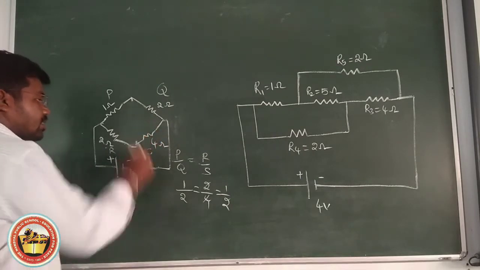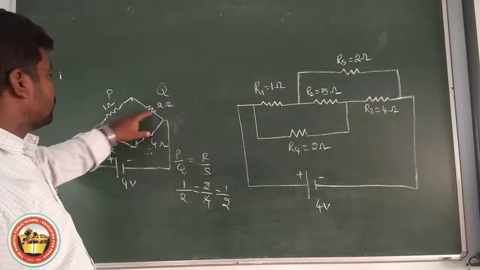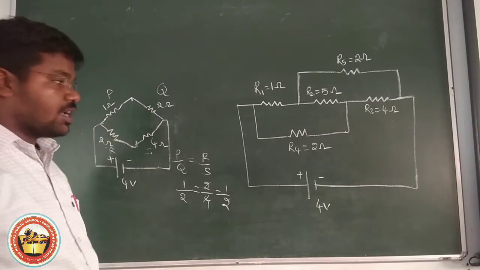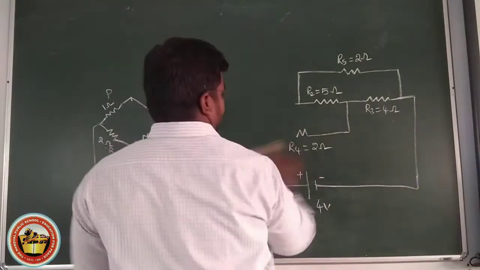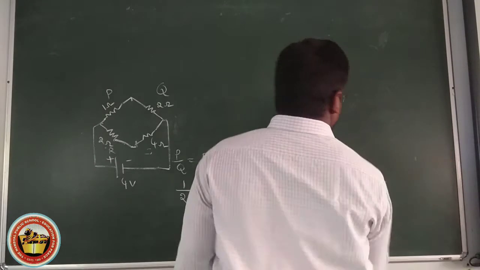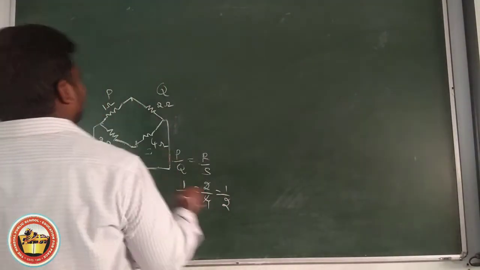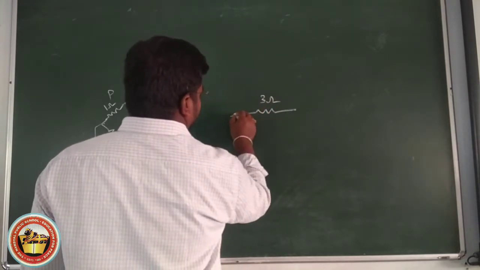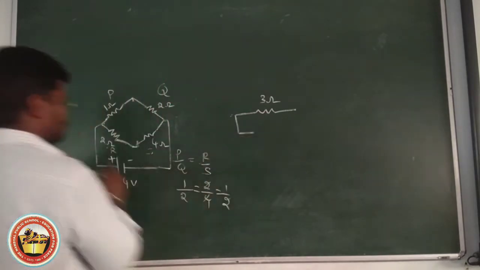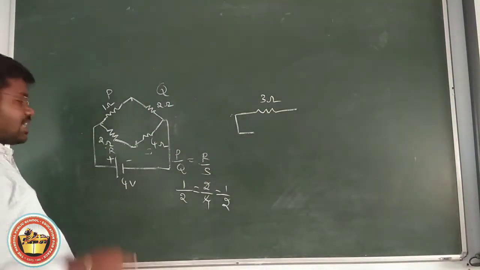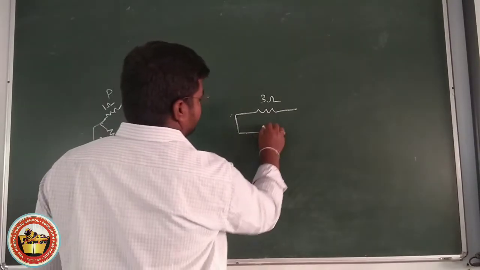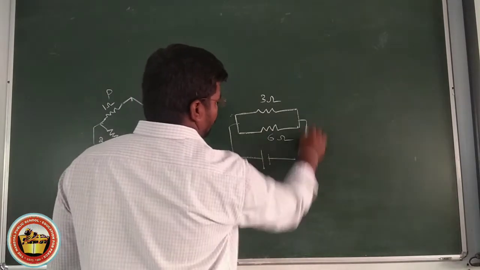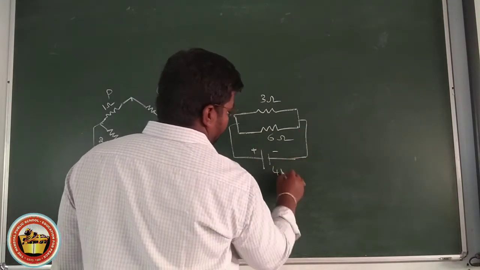In this case, 1 ohm and 2 ohms are in series, giving 3 ohms, and 2 ohms and 4 ohms are in series, giving 6 ohms, with the 4 volt battery.